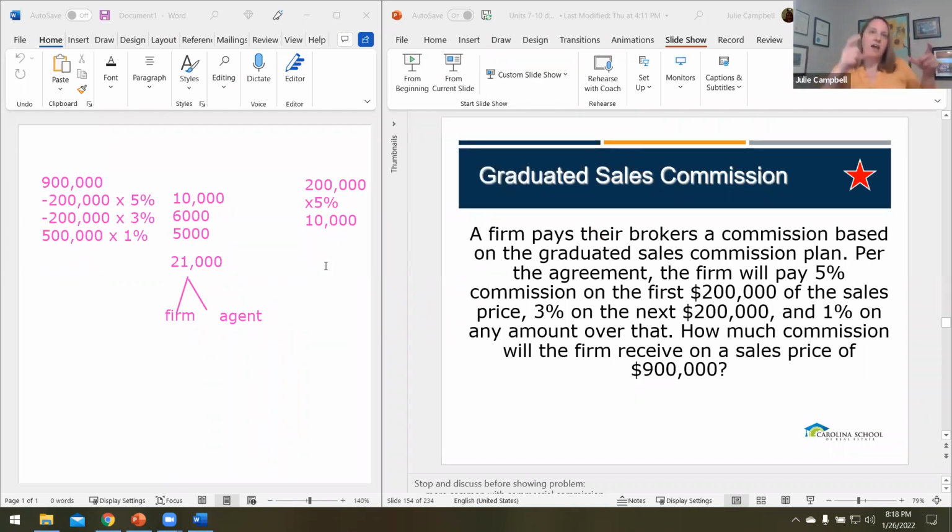See, each level is a different percentage. The first 200 is 5%. The next 200 in this case is 3%, and then anything after that. So it's graduated. It's the graduated plan, if you will. You're not paid 6% on 900,000. If the sales price was 200,000, it'd only be 5%.